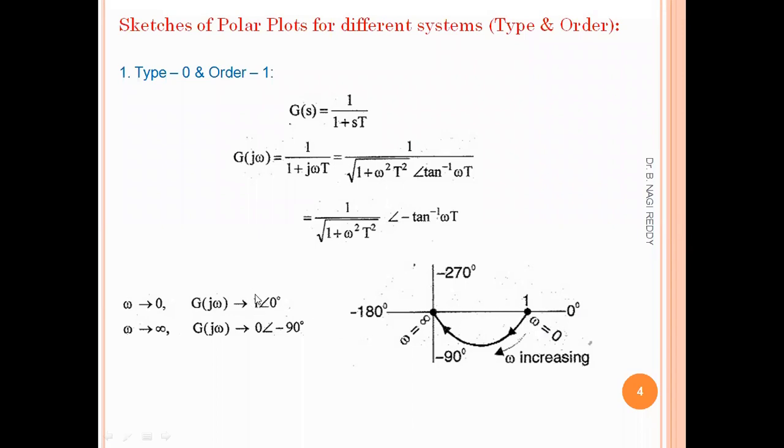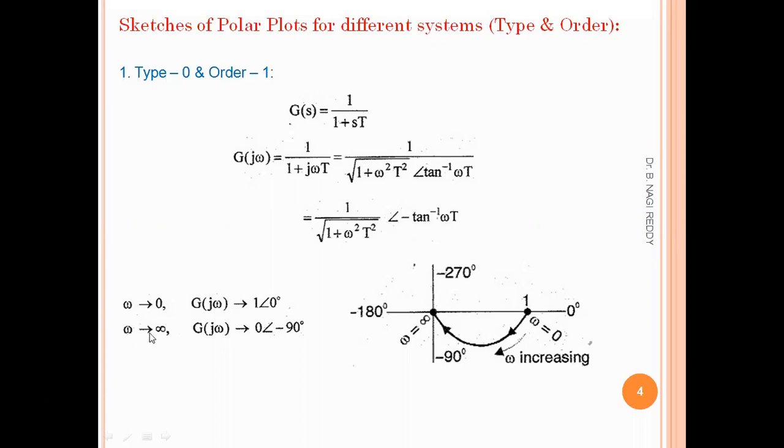But what is the magnitude? The magnitude is 1. So this is the 0 point and this is the 1 point with respect to the magnitude. So from 1, the polar graph is starting on the 0 degree axis.